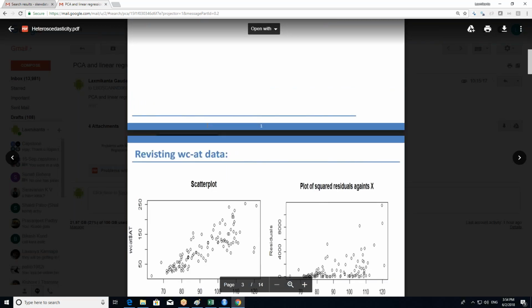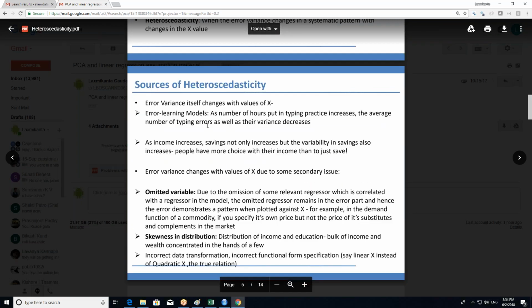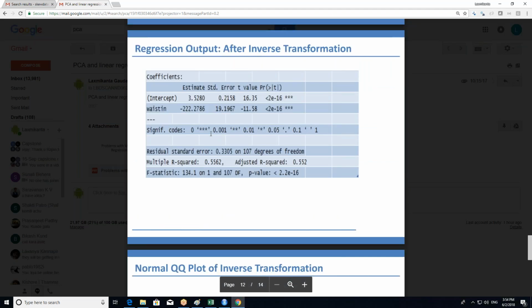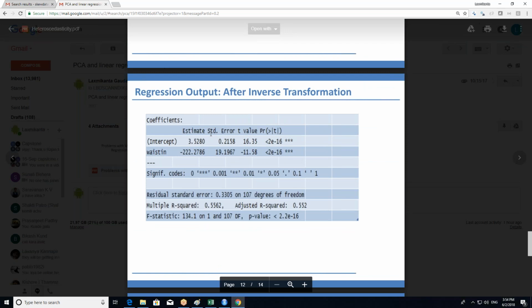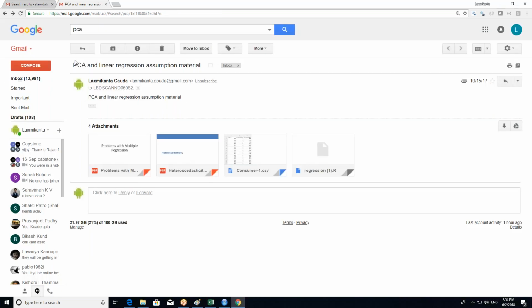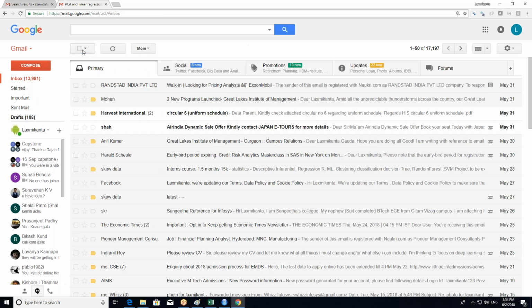Heteroscedasticity, I will talk about once we complete the factor analysis. These are something actually part of your response variable. Only heteroscedasticity will be remaining. Otherwise, I think I have done with all.